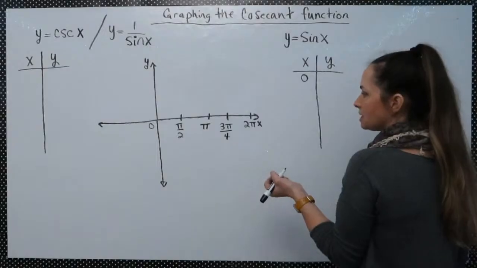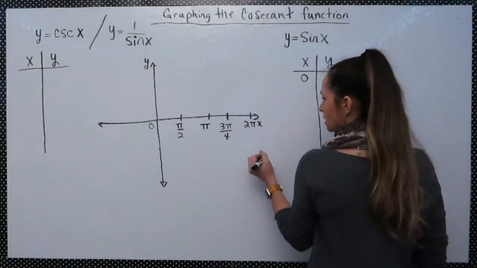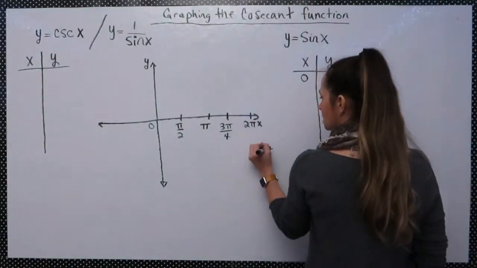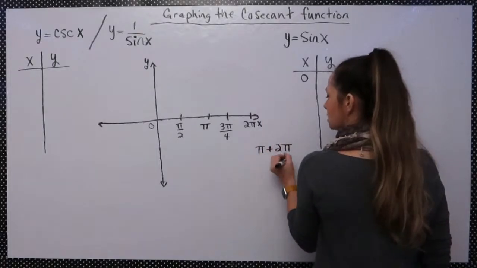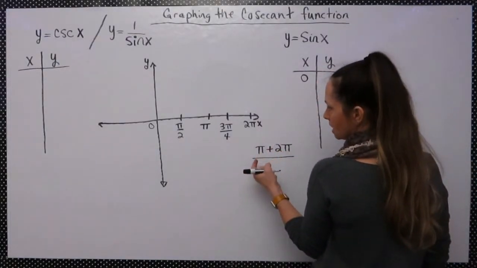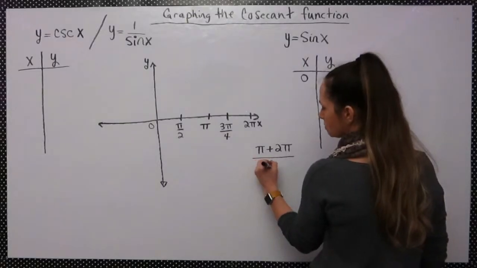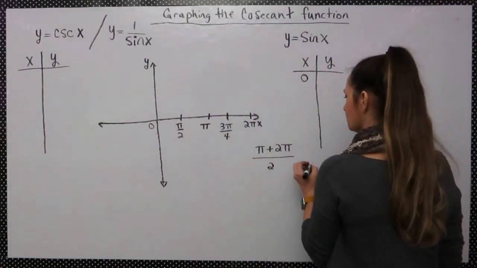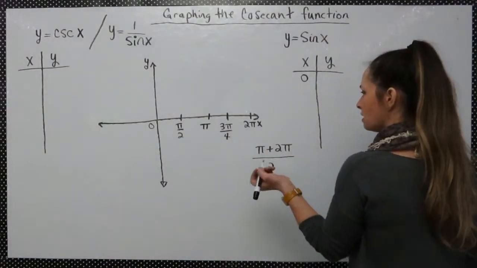If you're ever in doubt and you don't have the unit circle handy, you can always just say pi plus 2 pi, use that midpoint formula, and then divide it by 2. So that's 3 pi over 2.